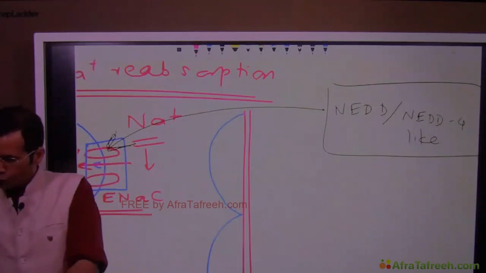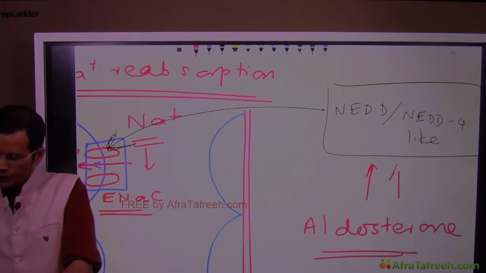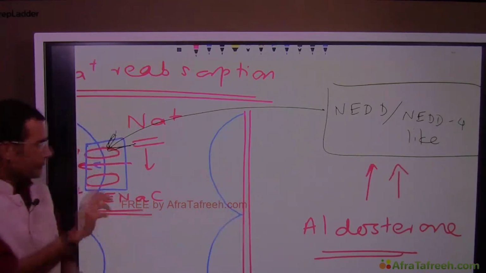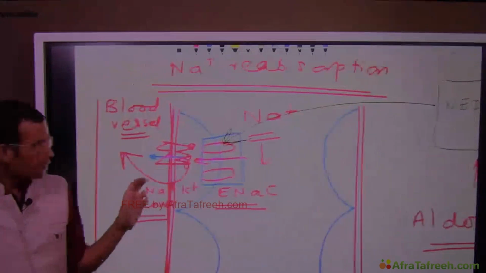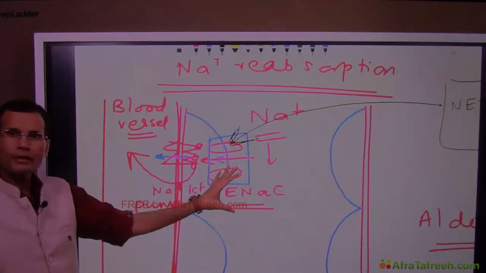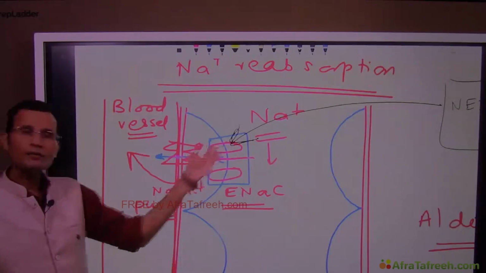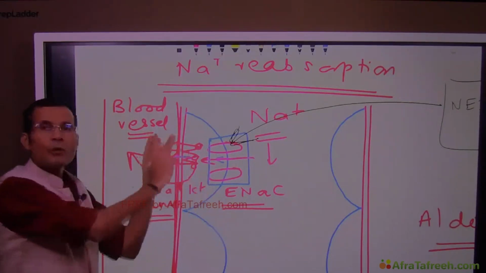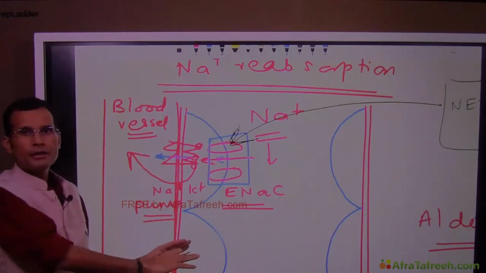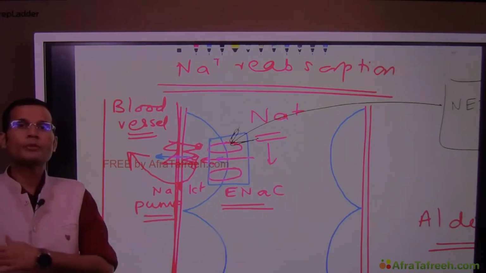What is the role of aldosterone here? Aldosterone deubiquitinates the ENaC. This epithelial sodium channel will be deubiquitinated. Ubiquitins will be removed so that the ENaC will remain in the membrane. It will not be tagged and it will not be removed from the membrane.